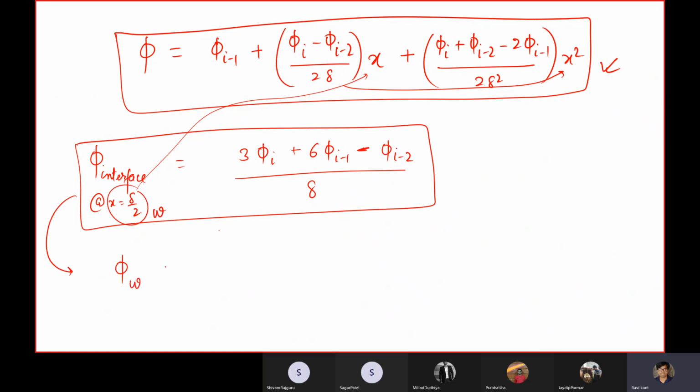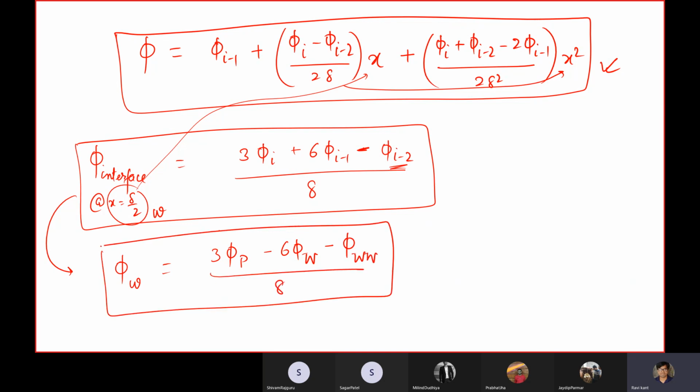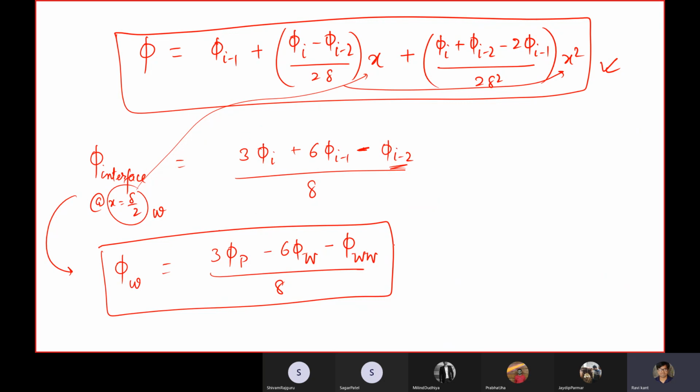So phi w essentially I have written, in terms of w, so phi w is nothing but 3 phi P minus 6 phi capital W minus phi WW. So this is divided by 8. This is my generic face value at the interface in terms of P, W and WW.